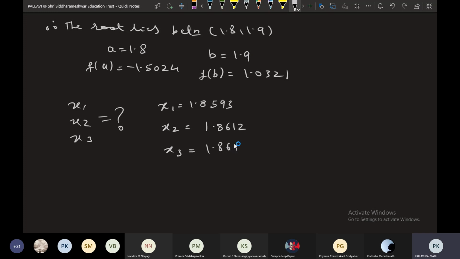The question was to find the root correct up to 3 decimal places. So up to 3 decimal places, see x2 and x3, you have 1.861. Hence the final answer, the root of the given equation, is 1.861. Verify your answers later.